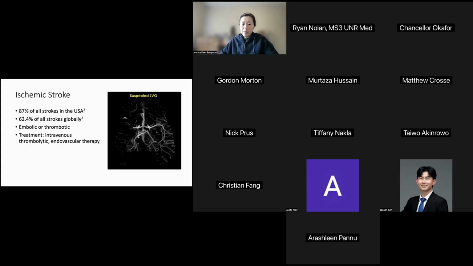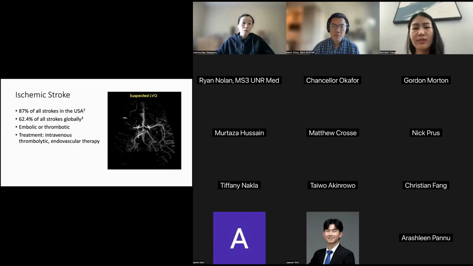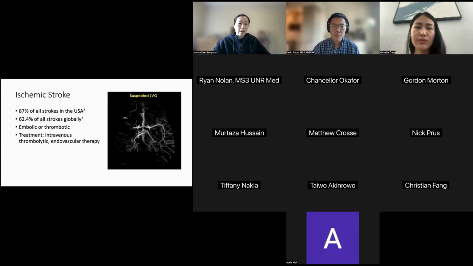Prior to the stroke trials in 1995, where they looked at the benefits of intravenous TPA to treat strokes, there were really not a lot of treatment options for acute ischemic strokes. But after that trial, obviously, in addition to intravenous thrombolytics, we now have endovascular therapy as an excellent option for patients presenting with acute ischemic strokes.